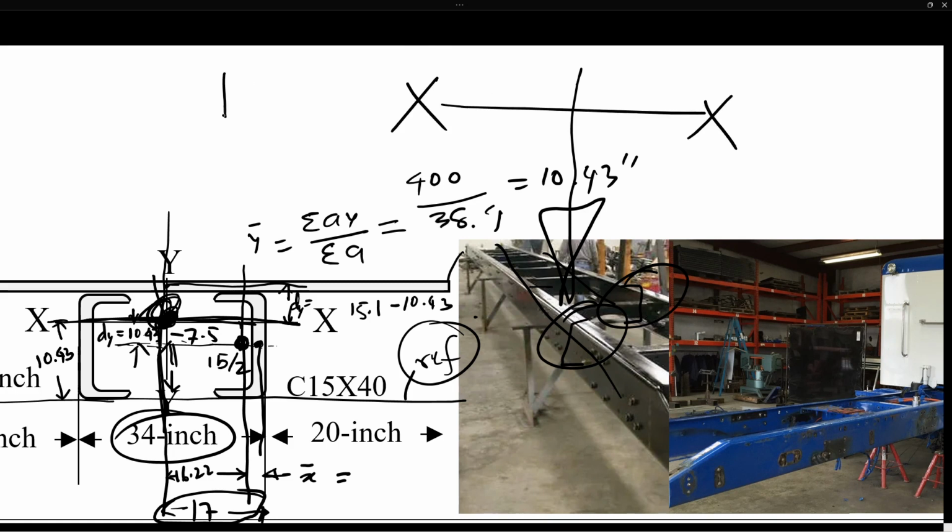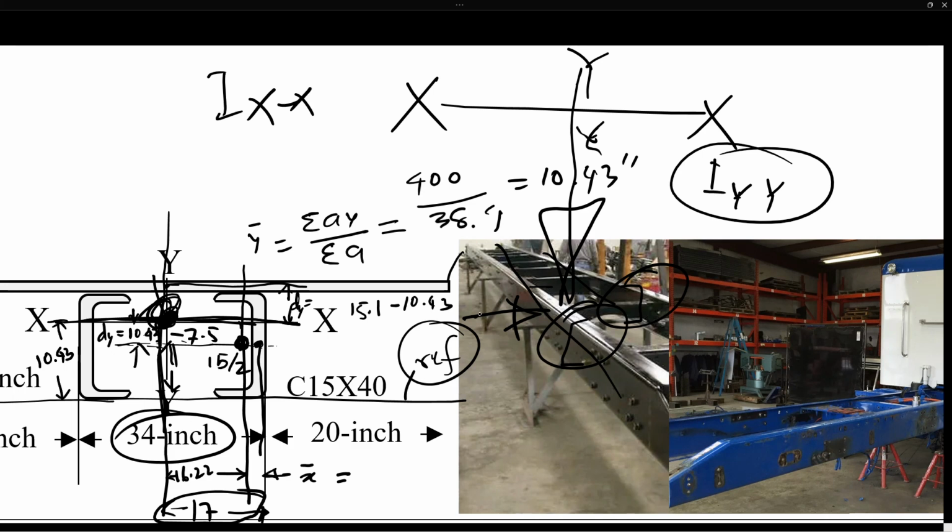The higher the number for Ixx, the higher load it can carry coming from the top. Now the Iyy that you calculated is related to load coming from the side impact. So the higher the number for Iyy, the stronger it is to resist a side impact coming this way.